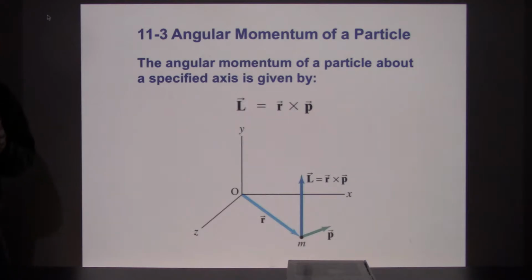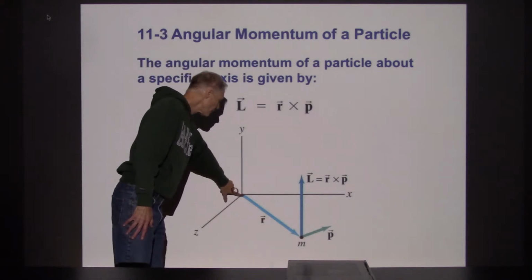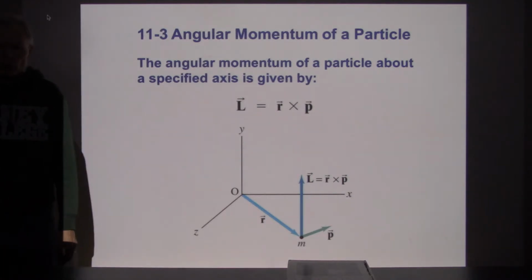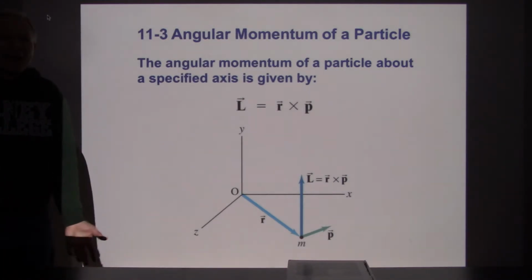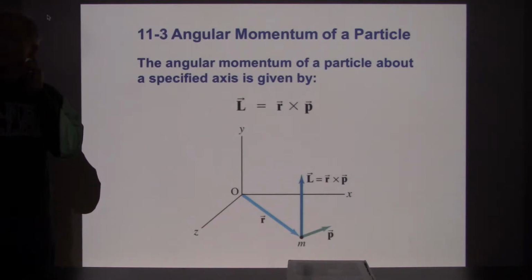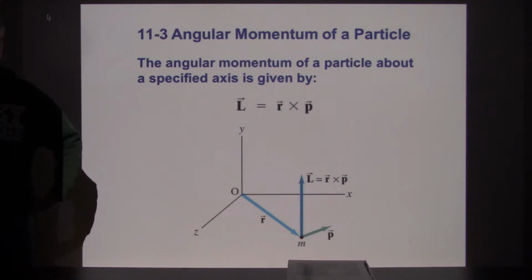So I can take the linear momentum, cross it with the lever distance, and that will tell me how much angular momentum we have relative to some point. And that's kind of interesting too, because you go, well, does an object just have angular momentum, or does it have to be relative to some location? And it has to be relative to some point. So we have to be working within some coordinate system and determining what the angular momentum is being measured relative to.